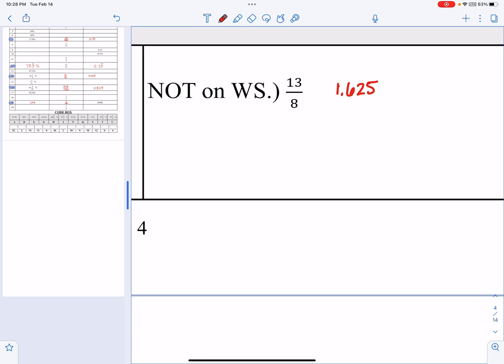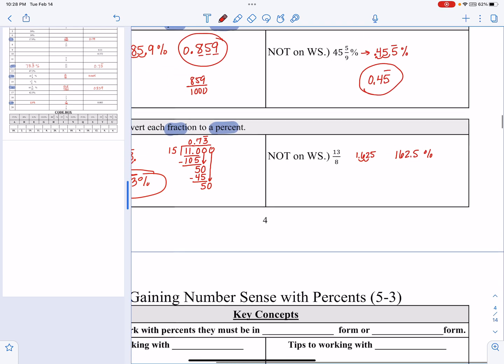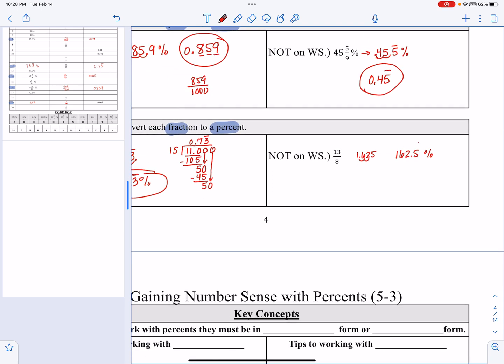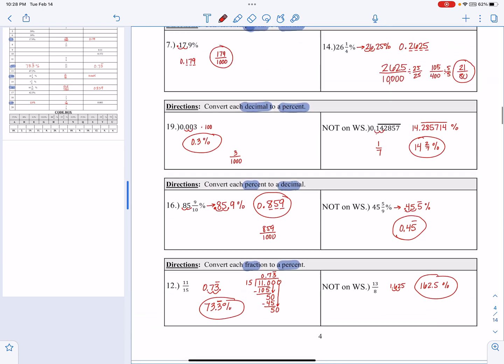And we know to go from decimal to percent, we multiply by 100 or move the decimal 2 spots to the right, which gives us 162.5%. And think about that, that's over 100%, but if you did get a 13 out of 8 on a test, that would be over 100%, which would be pretty awesome. So circle the percent as your final answer. This is not on the worksheet, so you're all set with that.